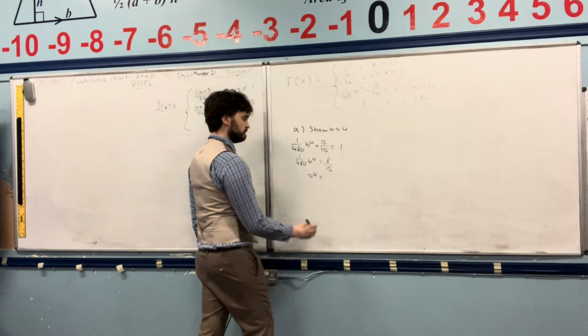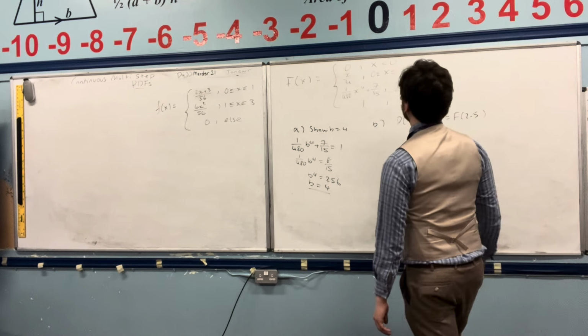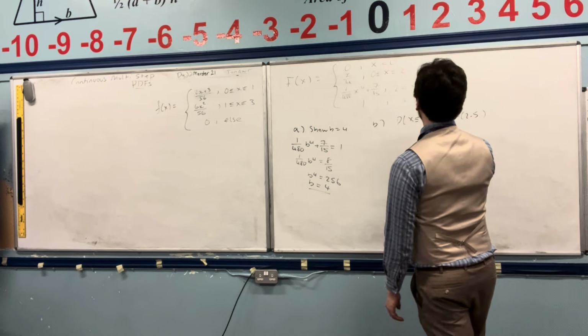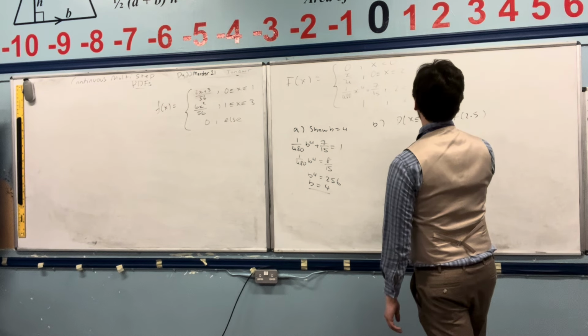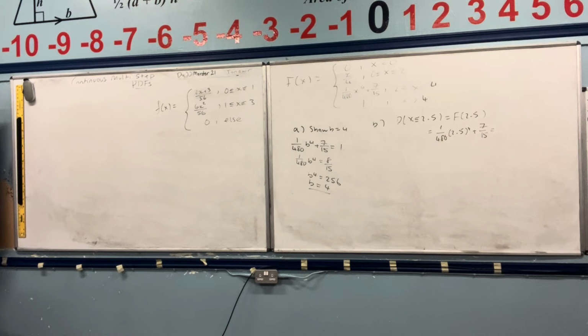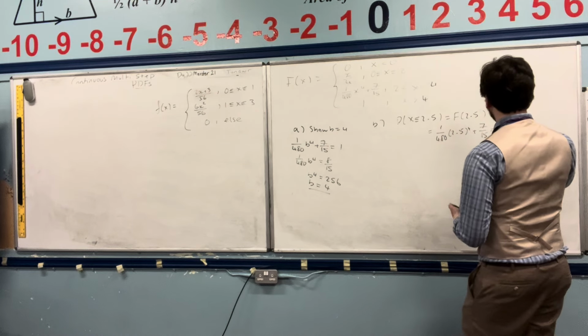Find the probability that x is less than or equal to 2.5, so this is just F of 2.5. 2.5 falls into this range here, so this is equal to 1 over 480 times 2.5 to the power of 4 plus 7 over 15. I get 0.548. Do you get that?